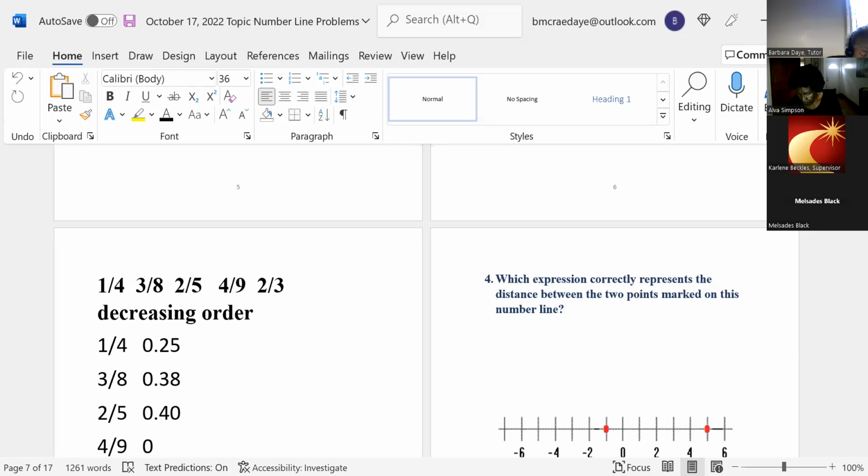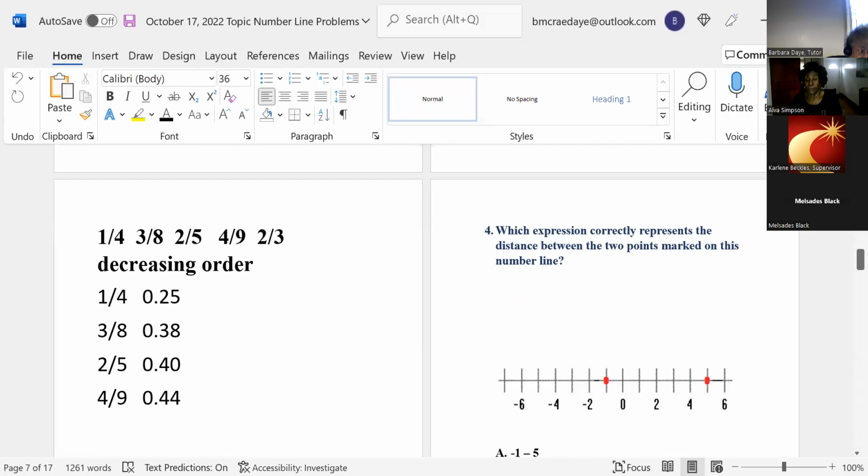I said hundredths. So what is 4/9? Alva, what did you get? 0.44. That's it. I said hundredths. Mercedes, I said hundredths. Remember? Okay, what did you get for that one then, Mercedes?